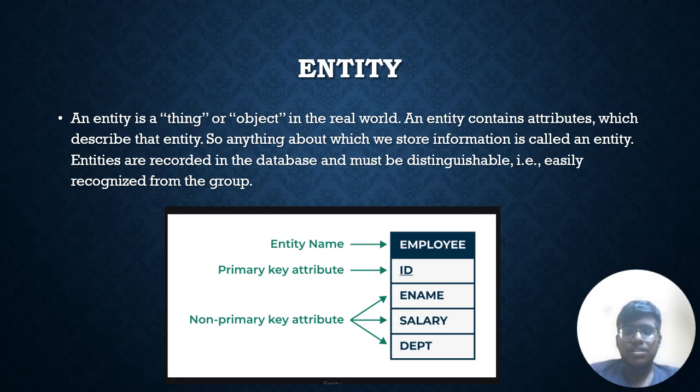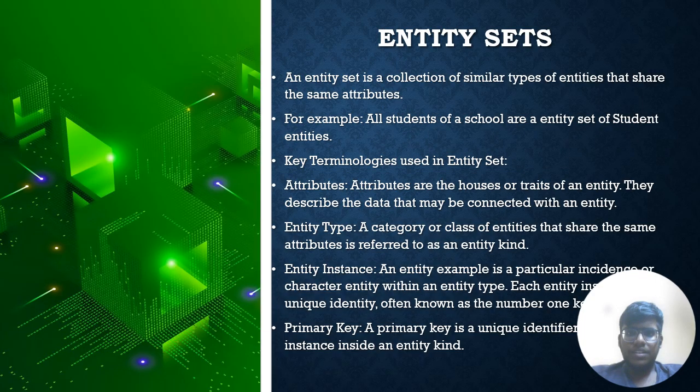As you can see in the given picture, with the employee as the entity name and with the ID being the primary key attribute and the non-primary key attributes being the details of the employee such as his name, salary and the department. An entity set is a collection of similar types of entities that share the same attributes. For example, all students of a school are an entity set of student entities.